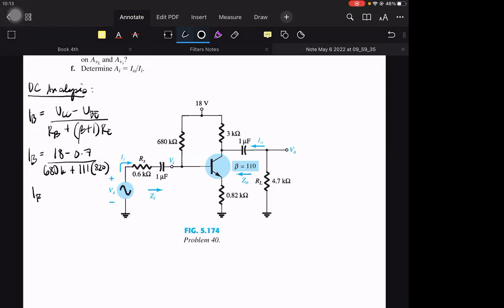Solving for IB, we obtain a value of 22.44 microamperes.